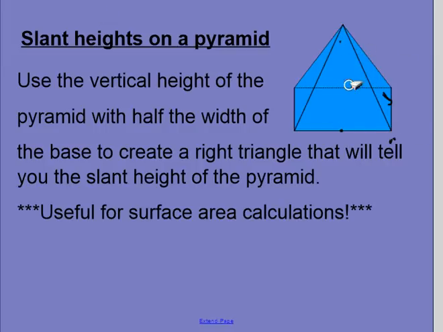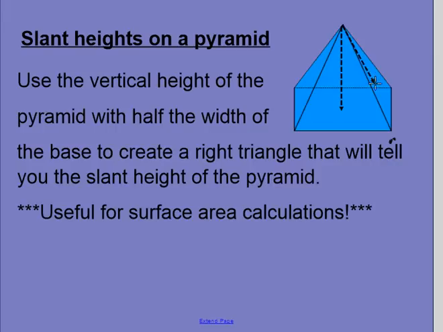All right, now the vertical height of this pyramid would be from the very tippy top, right here at the top, all the way down to the center of the base, okay? So from the top to the center, but that's not what we're looking for.